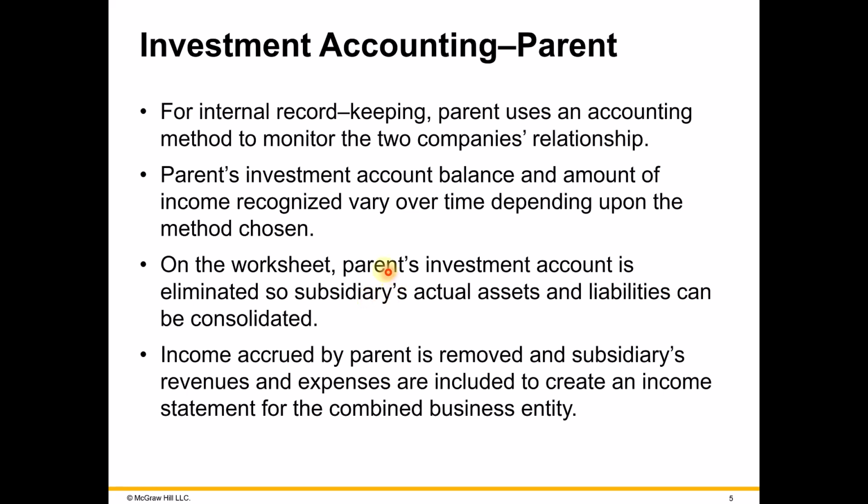So in other words, when you look at the investment in the sub account in the consolidated worksheet, it should have a zero balance. And if not, that means something's not accounted for or a wrong amount was recorded on the worksheet.